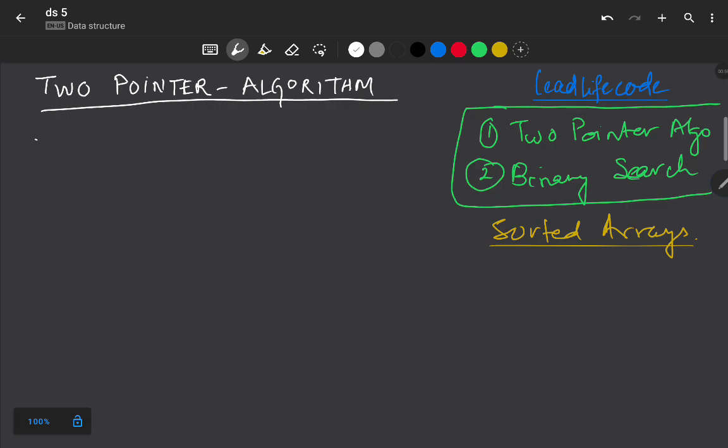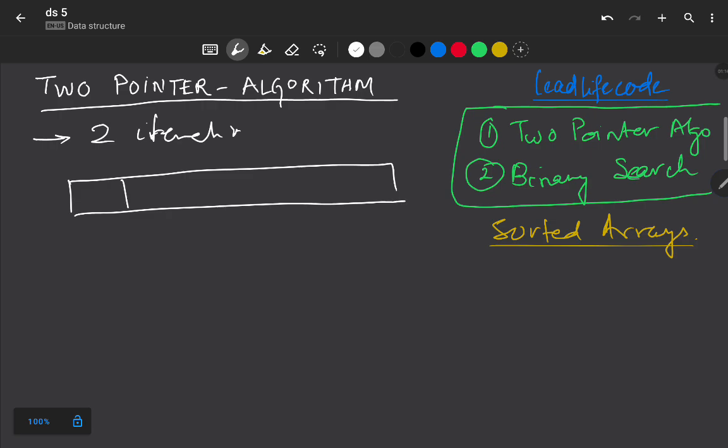Here primarily we will use two iterators or indexes. So what does that mean? Let us take an array and put some values in it.